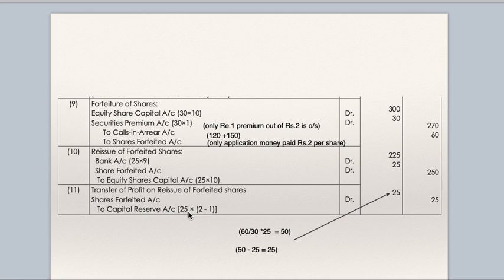Shares forfeited account debit to capital reserve 25. So out of 30 forfeited shares, they have reissued only 25 shares. So on 5 shares which they have not reissued, whatever balance they have received will be shown under shares forfeited account, which will be shown on the liabilities side of the balance sheet.